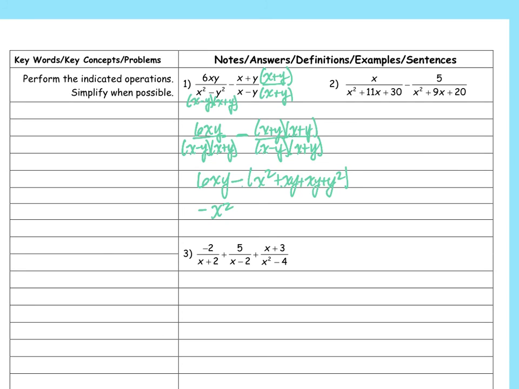This is a negative and a negative. Plus 4xy minus y squared. Just so you know, that does not factor to anything, all over x minus y, x plus y, because I can't get ones to add to 4. Imagine that.